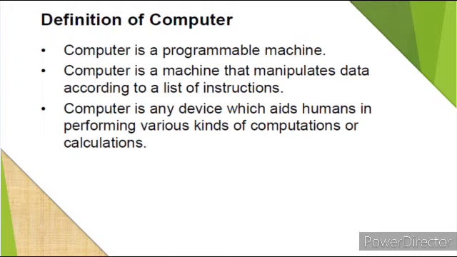When executed, they produce an output in the form of a result that we see on the monitor. Computer is any device which aids humans in performing various kinds of computation or calculations.